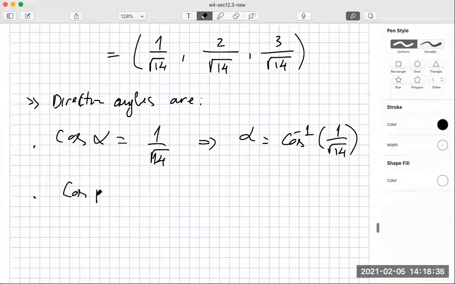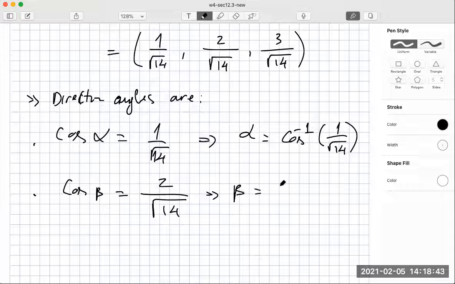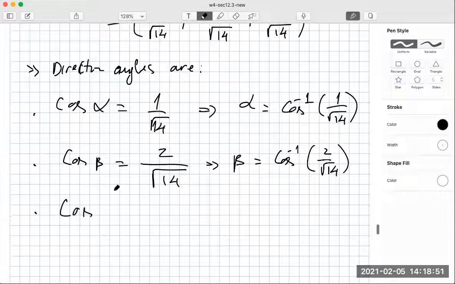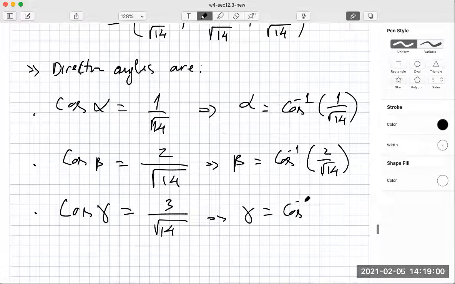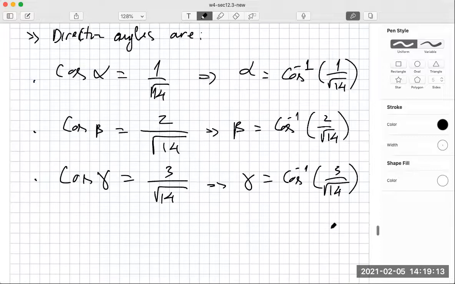And cosine of beta will be, yes. Therefore, beta will be, very good. Use your calculator to double check it at home. And what are they? Cosine gamma will be, very good. Okay? It's not very difficult. So are we good?